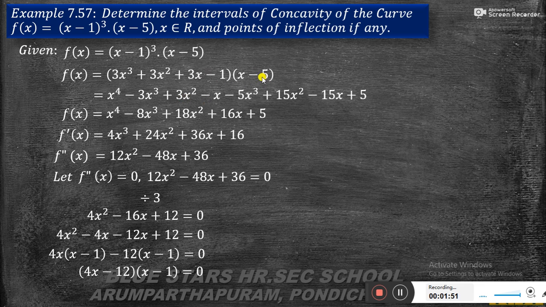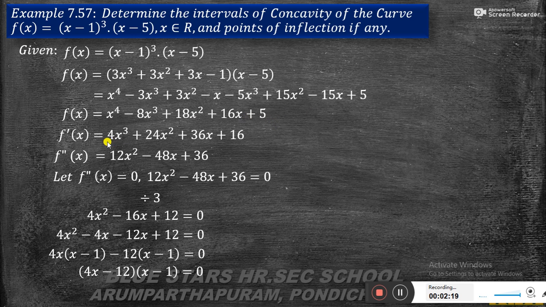Next I multiply minus 5 with this factor: minus 5x cube, plus 15x square, minus 15x, plus 5. So x power 4 minus 3x cube minus 5x cube is minus 8x cube, 3x square plus 15x square is plus 18x square, minus x minus 15x is minus 16x, plus 5.